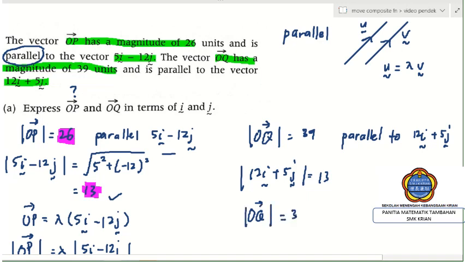And for vector OQ, the magnitude is equal to 39, and 39 is also equal to 3 multiply 13, which is also equal to 3 multiply the magnitude of 12i plus 5j.